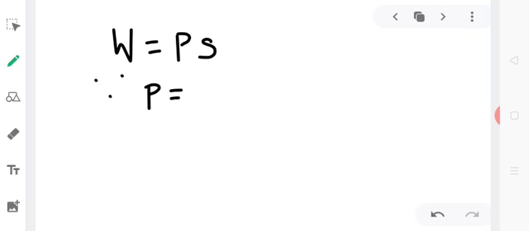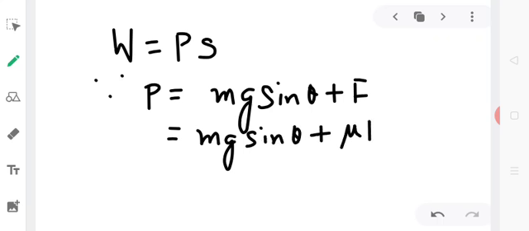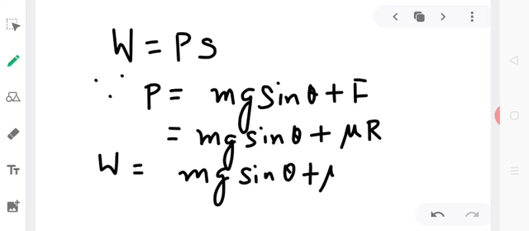P is equal to mg sin theta plus F, which is further equal to mg sin theta plus mu into R. So work done will be equal to mg sin theta plus mu into R, multiplied by s, where mu is the coefficient of friction between the two surfaces in contact.